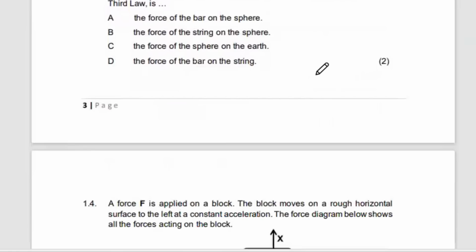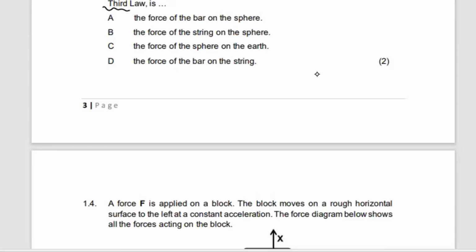Then 1.3, a sphere is attached to a string, which is suspended from a fixed horizontal bar, as shown below. Now we're seeing that the reaction force to the weight of the sphere is described by Newton's third law. So the tension force within that will be the reaction to the weight downwards.